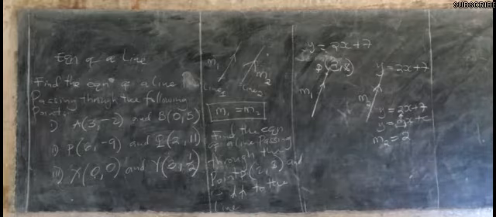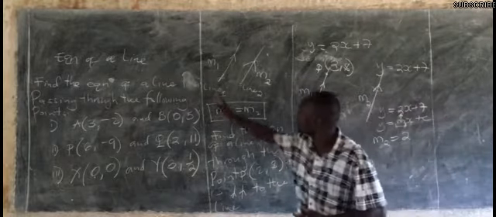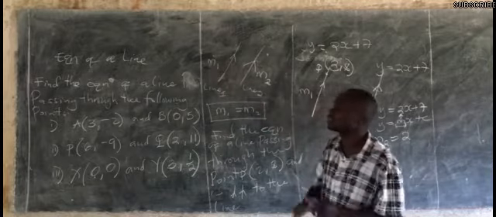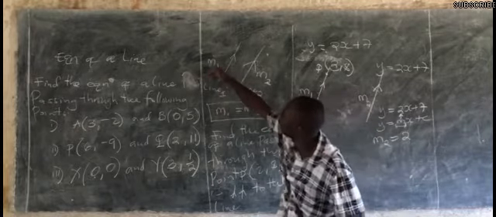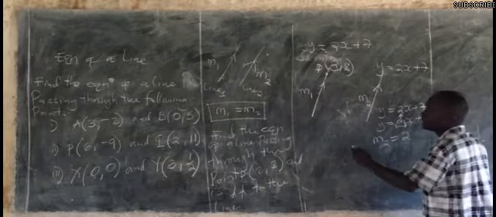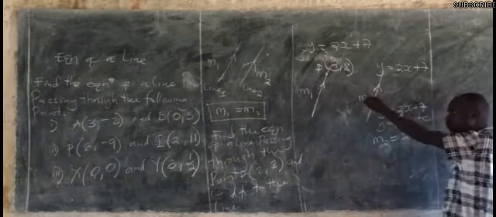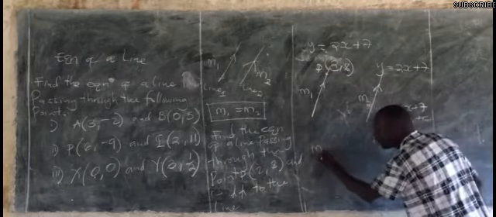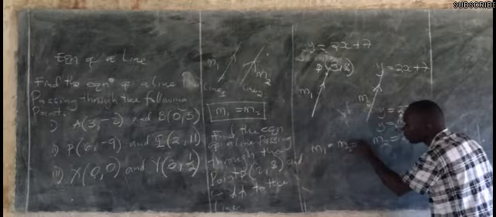But let's recall, under the properties we were given about parallel lines, we say parallel lines have the same gradient, knowing that m1 will always be equivalent to m2. And so this implies that this gradient is equal to this gradient, and that means they are both equal to 2, which means m1, which is equal to m2, is equal to 2.